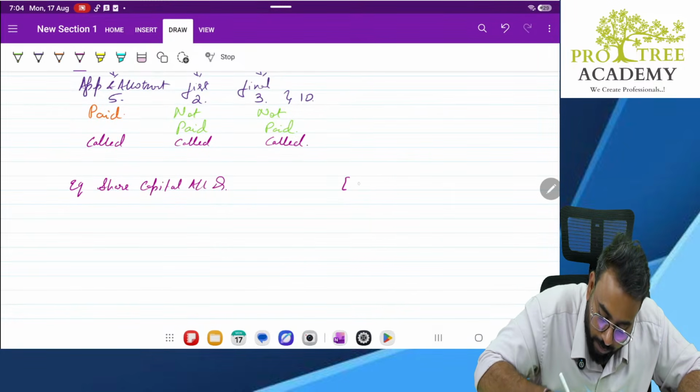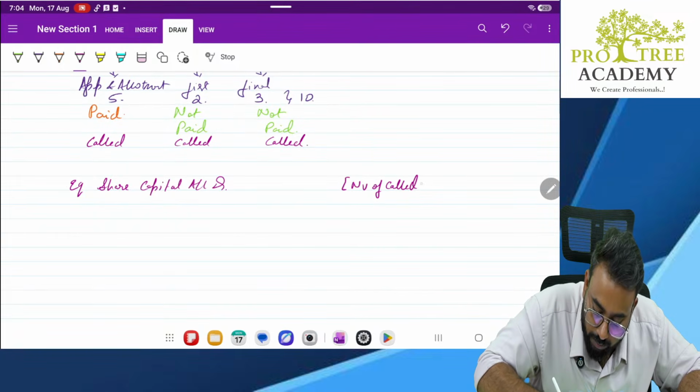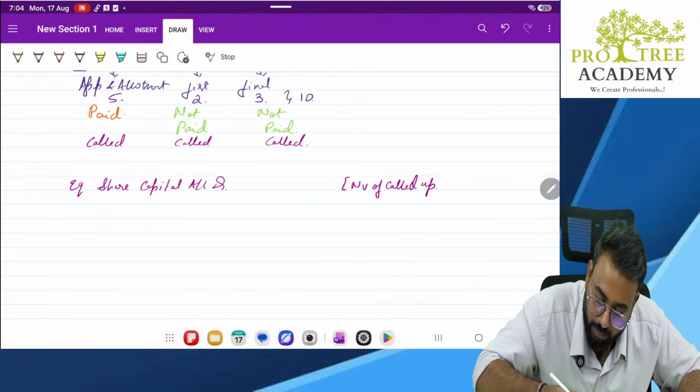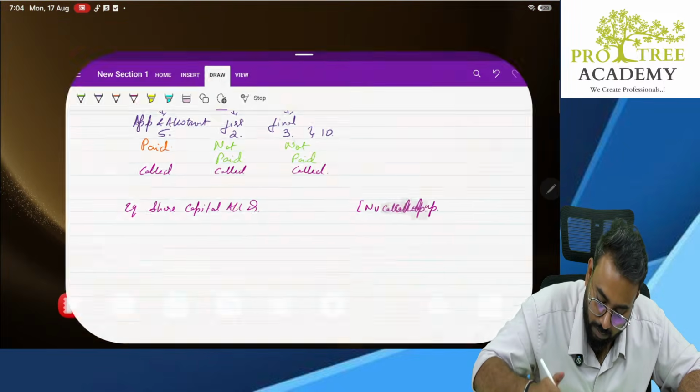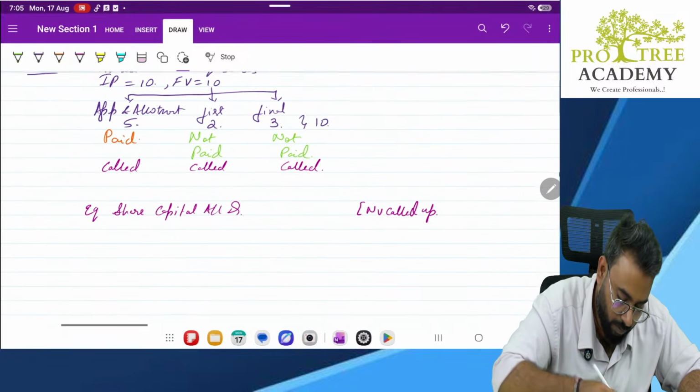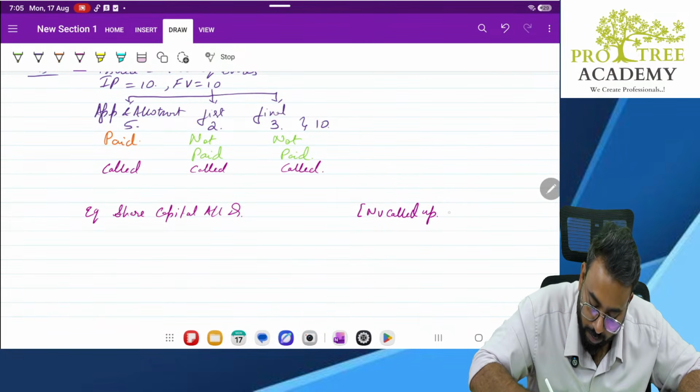Debited with what, appa? Nominal value of called up, into number of shares.